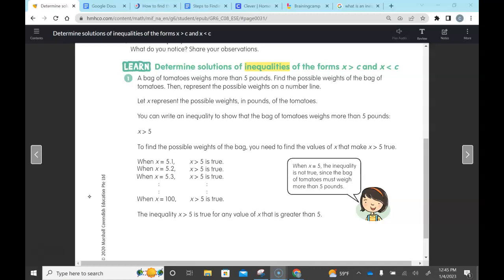We just know it weighs more than 5 pounds, so x could even equal 100. Therefore, x greater than 5 is true. So again, the inequality x greater than 5 is true of any value of x that is greater than 5. Why is that? Because we know that the bag of tomatoes weighs more than 5 pounds. That's the key phrase in this sentence. Therefore, it's x is greater than 5 for the inequality.